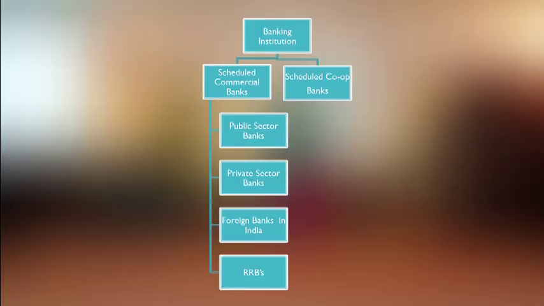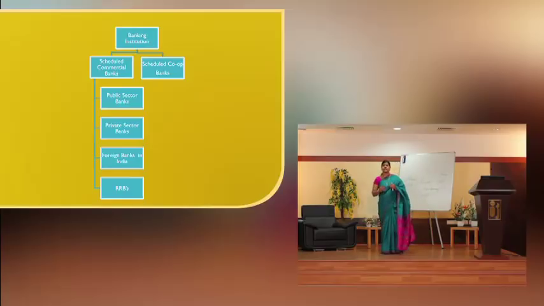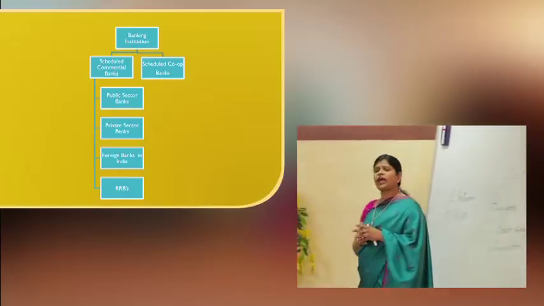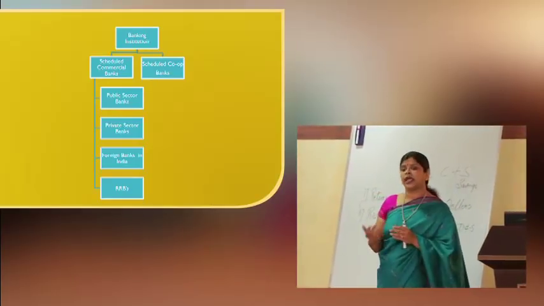Which are the four major types of scheduled commercial banks, friends? The first one is public sector banks, like State Bank of India, Bank of Baroda, Indian Bank. Then we have private sector banks like HDFC, Axis, ICICI Bank, IDBI.